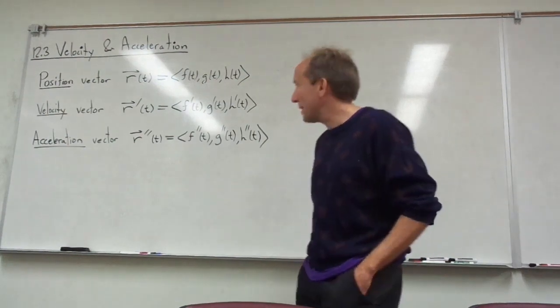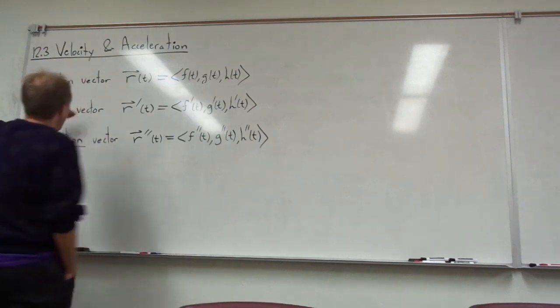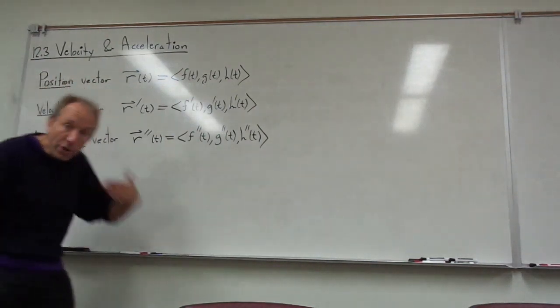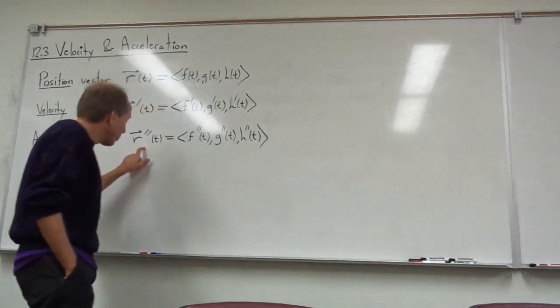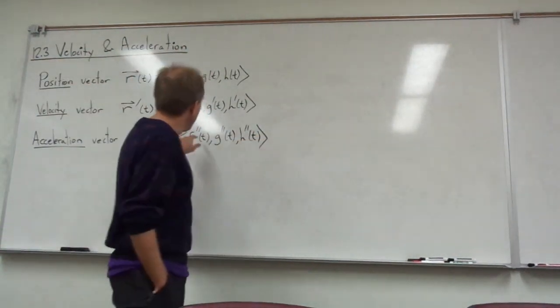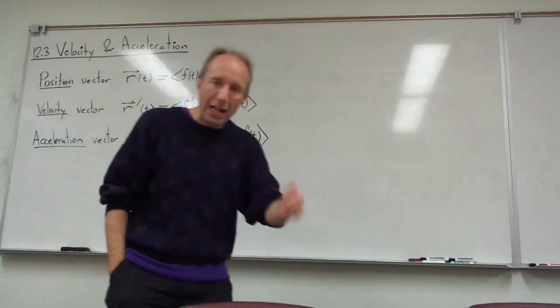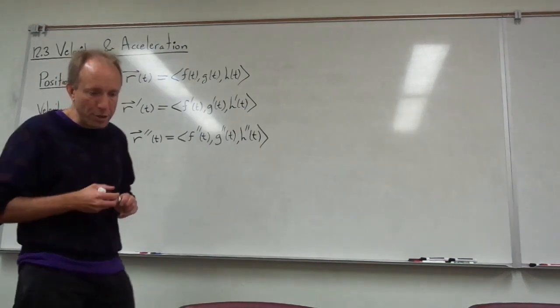So nothing surprising about that. And then, in fact, we can do it again, right? We can take the velocity vector and take another derivative and get our acceleration vector. That's r double prime of t, and here you see that it is just two derivatives of each slot of our original position vector to give us the acceleration vector.